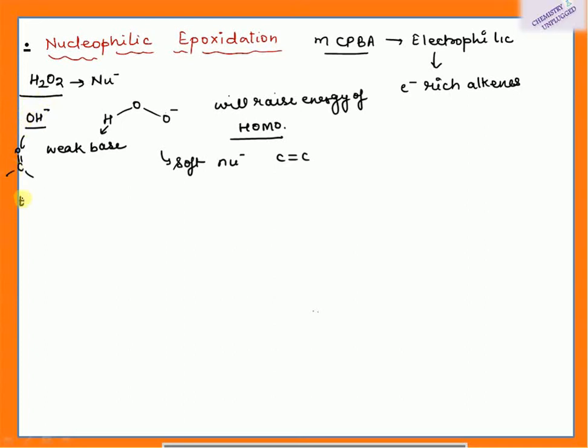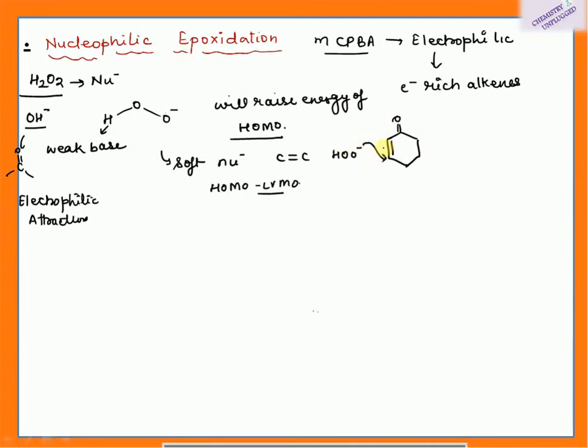We have already discussed in previous chapters, when we have a hard nucleophile, its interaction with the electrophilic center is due to electrostatic interactions, while for soft nucleophiles and soft electrophiles, the interaction is due to the HOMO LUMO gap, right? So it will act as a soft nucleophile and will attack the double bond carbon of an alpha beta unsaturated compound. For example, if we have this carbonyl compound, then this HOO minus will attack on this carbon.